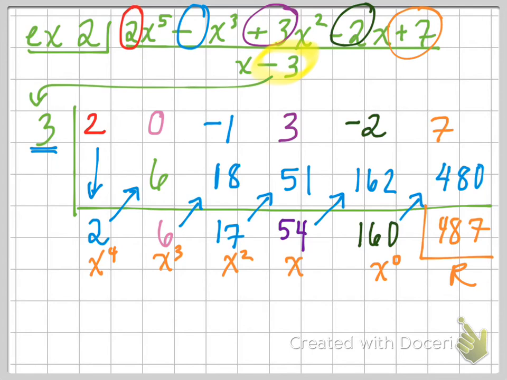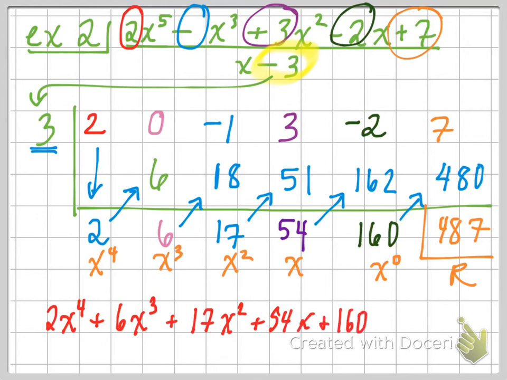So when I go to write my final answer, I'm going to have 2x to the fourth plus 6x to the third plus 17x squared plus 54x plus 160, and then I have my remainder, 487, divided by the original x minus 3. And that would be my final answer from this synthetic division problem.